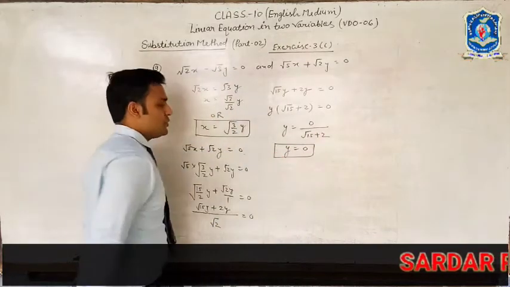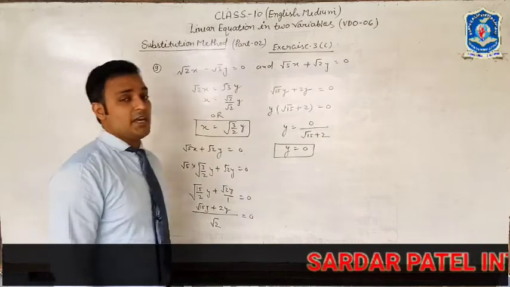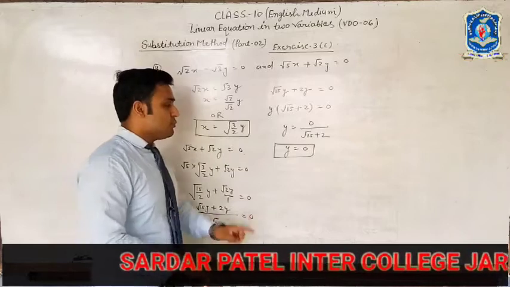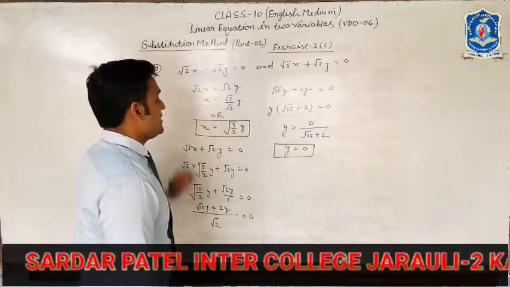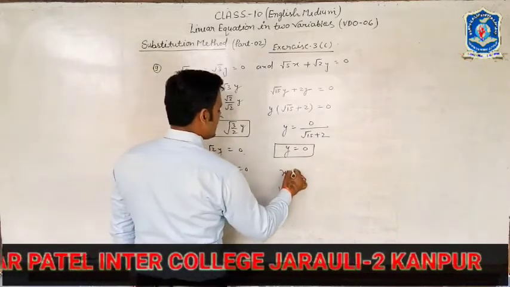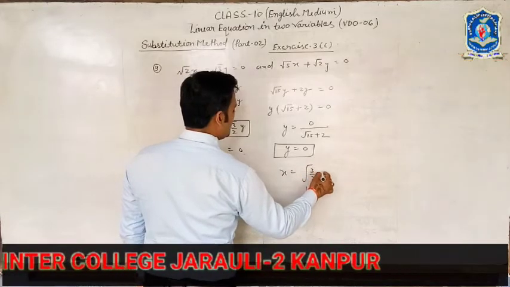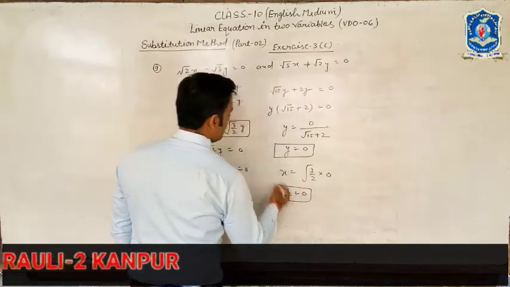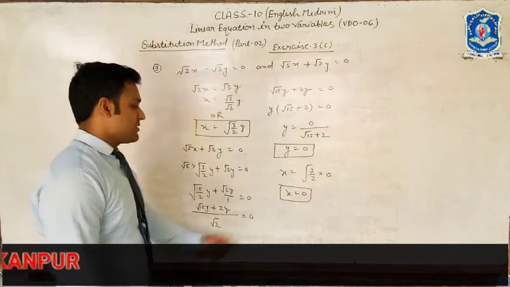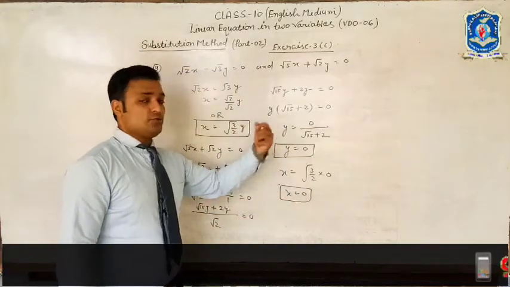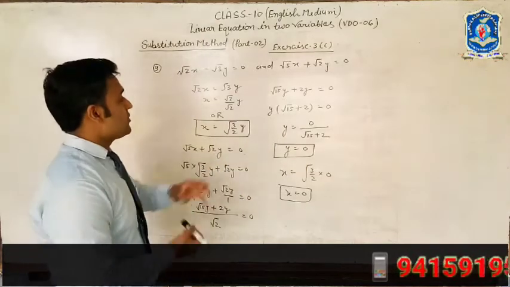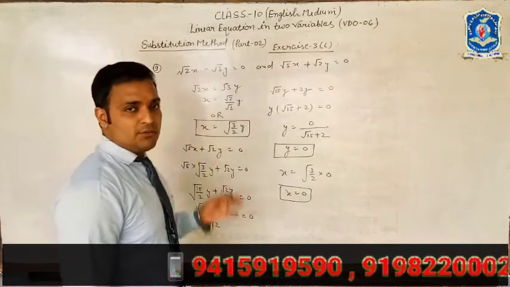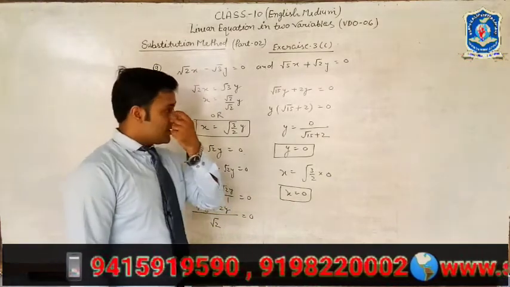I have told you before that y and x will be 0. If we put y is equal to 0 in this equation, x is equals to root 3 by 2 into y, which is 0. Then x is equals to 0. And the solution is x is equals to 0, y is equals to 0. Because our constant term was 0, the value of x and value of y will be 0. You have understood it very well.